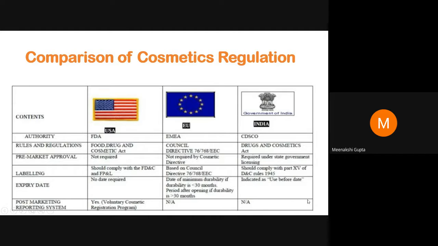Whereas in the case of Indian regulation, the label should contain a use-before date, that is, the date must be mentioned. Expiry date is usually mentioned on cosmetic products sold in India. Next, a post-market reporting system is not applicable in India and the European Union, whereas it is applicable in USA under the voluntary cosmetic registration program.